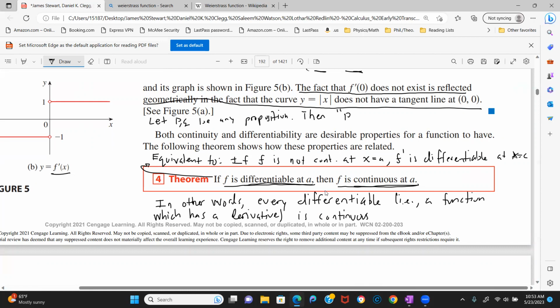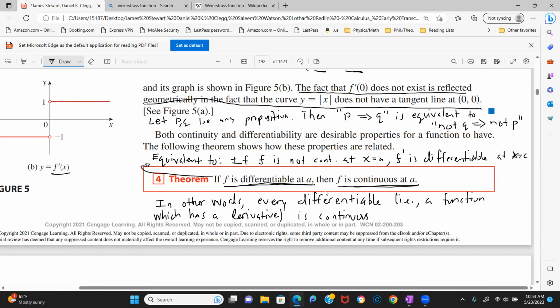Then the statement P implies Q is equivalent to the statement not Q implies not P. This is called the contrapositive. These two statements are equivalent.